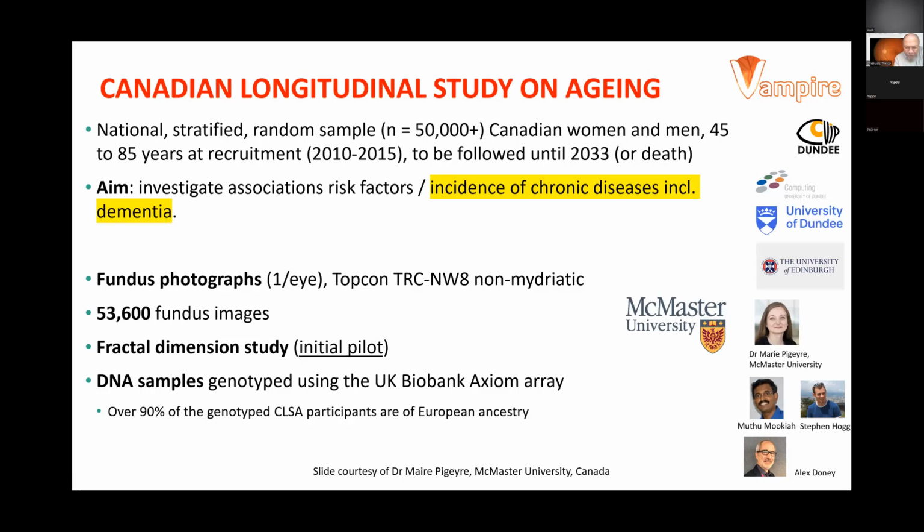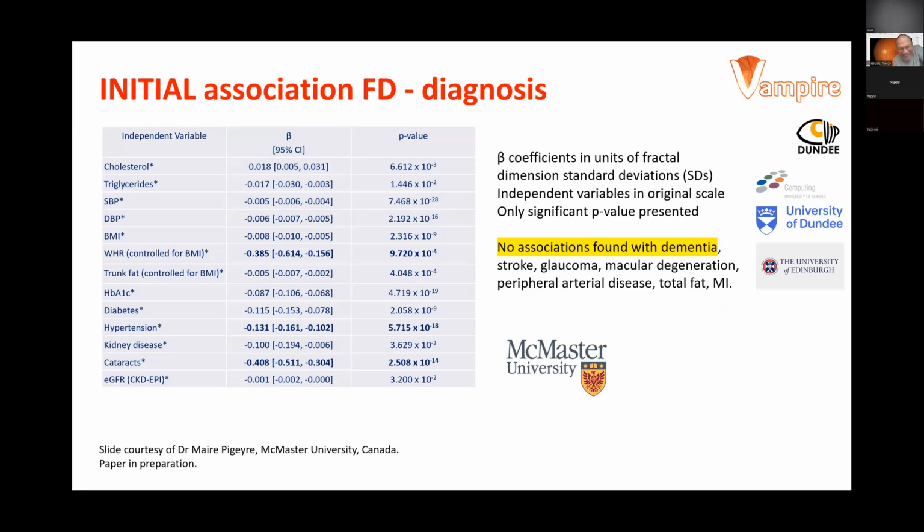And again, they've used our software, Vampire software, to compute the fractal dimension in this cohort and estimate associations with various things. So here is the bad news. There are associations with various factors, several of which replicate our results, but they found no association with dementia.